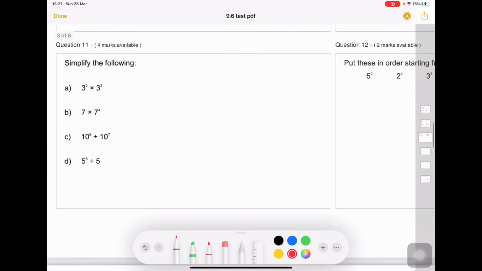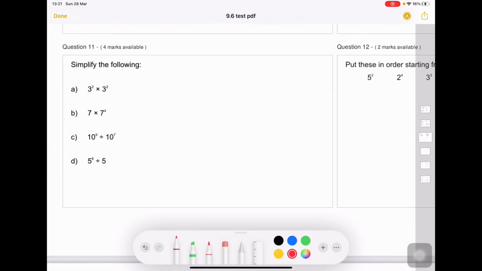Let's move on to question 11. It's just a follow-on, same type of questions here. 3 to the 2 plus 2 equals 3 to the 4. Remember, 7 is the same as 7 to the power of 1. So we're multiplying powers, they have the same base.